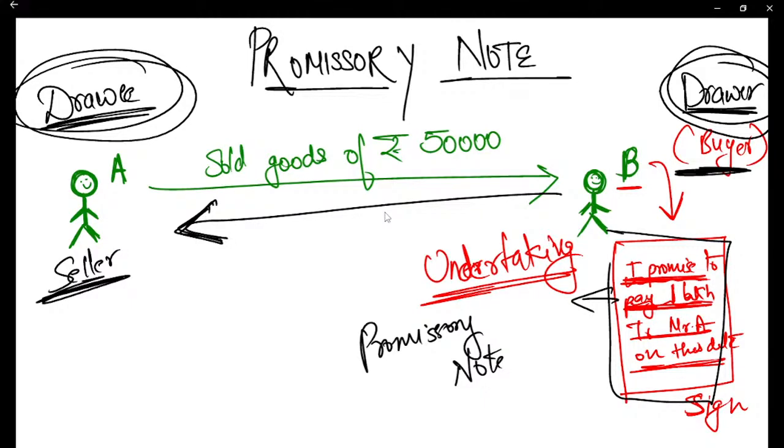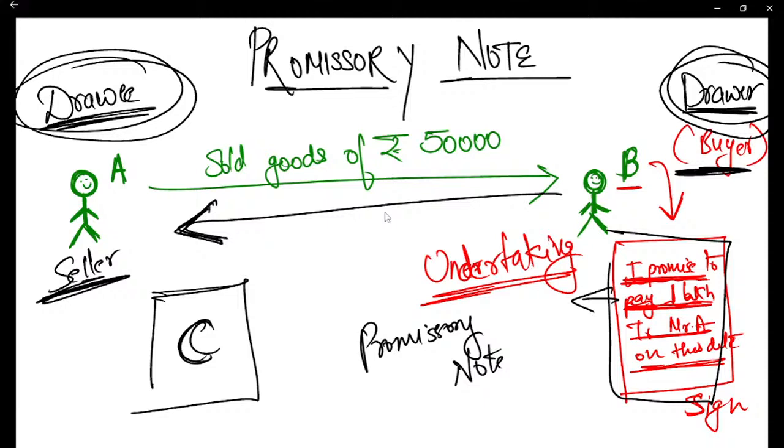A को. Now A misplaced it. A से ये promissory note खो गया and C find it. ये किसके पास है promissory note? C के पास है. Now C is the bearer of the promissory note because it was misplaced by A. और मिला किसको? ये C को.